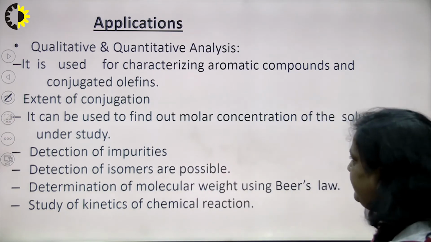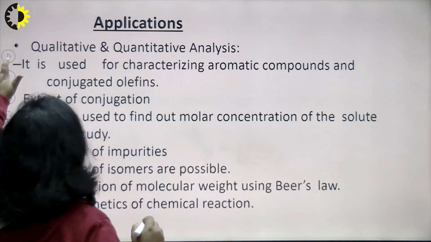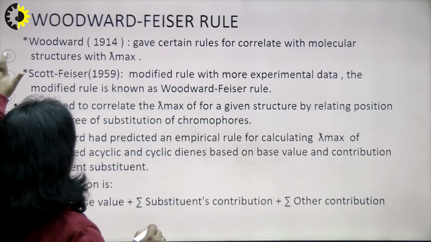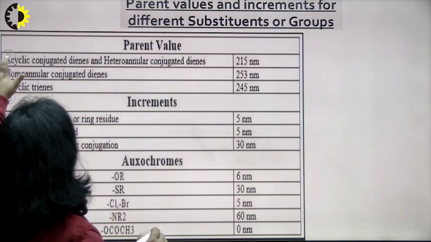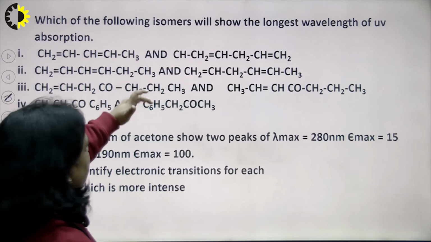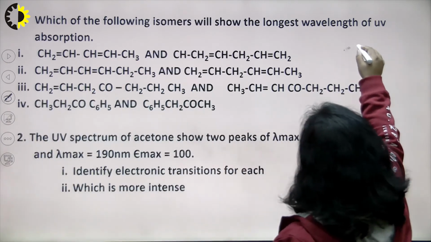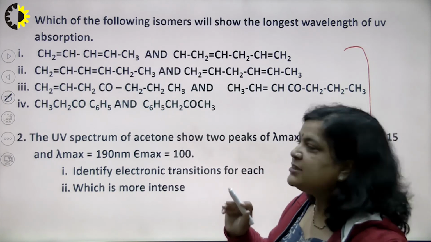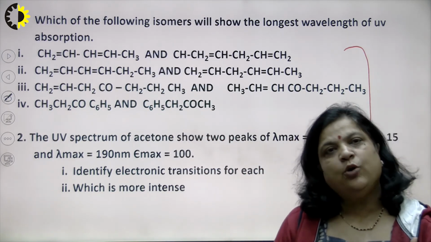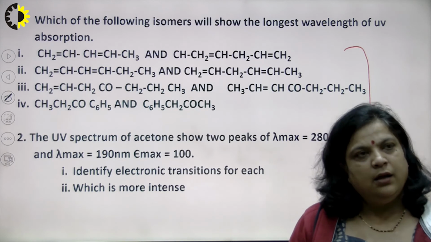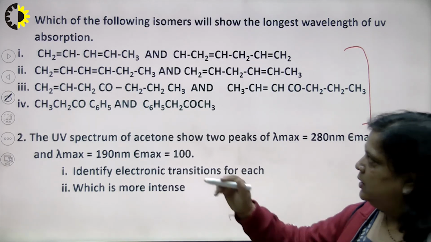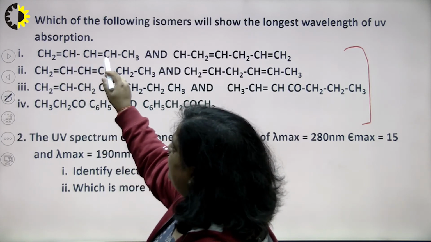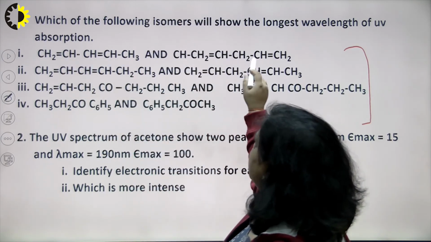For example, in all these cases, first we have to find out which will show a higher value of lambda max in UV absorption. First, this CH2 double bond CH, single bond CH, double bond CH, and this case.